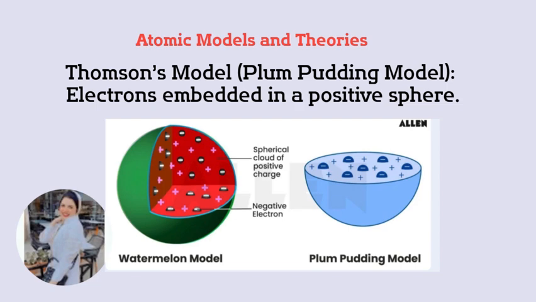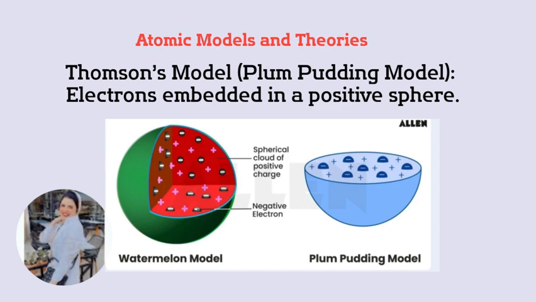So let's speak about the Thomson model, or plum pudding model. This model described the atom and its components in a very simple way.